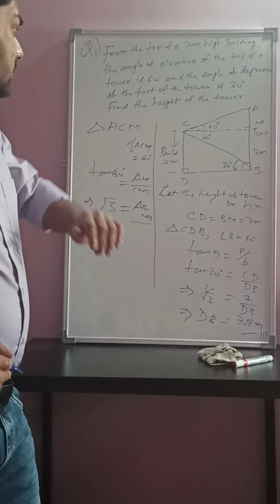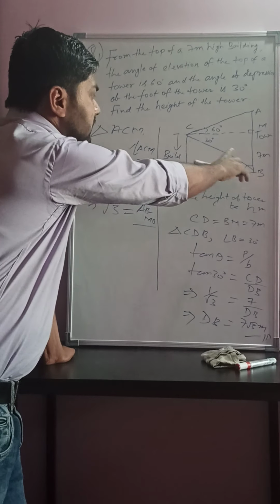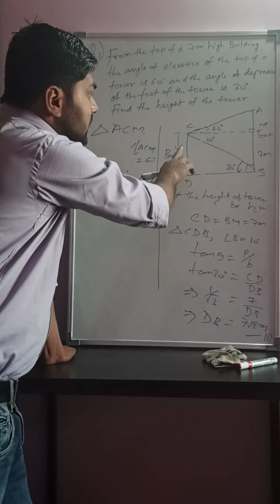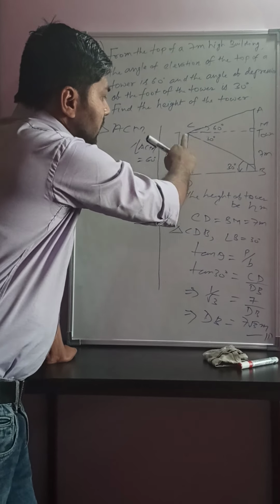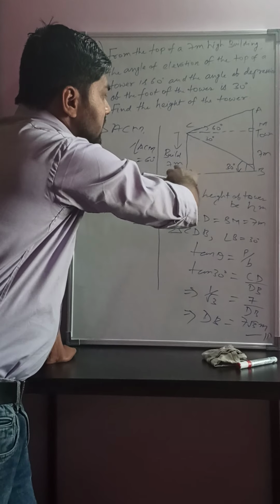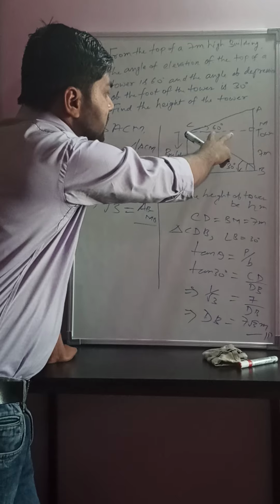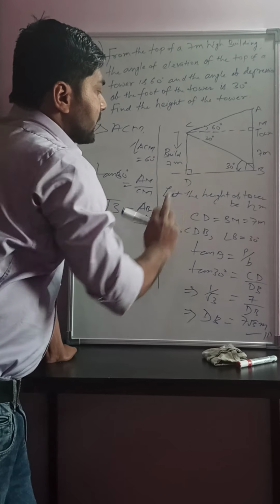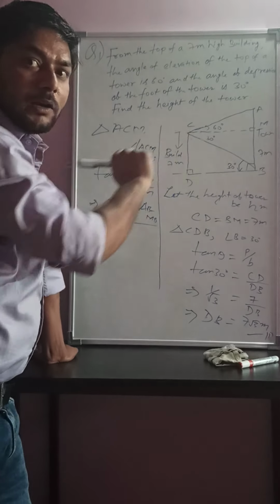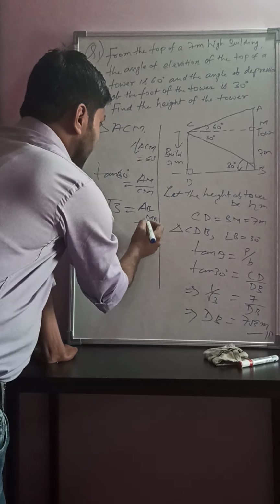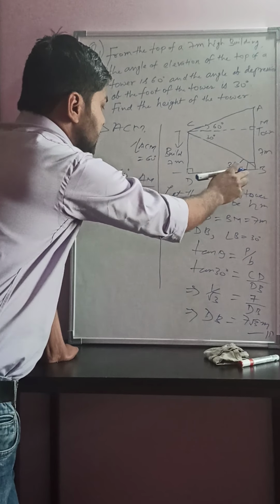And here you can notice that DB will be equal to CM, because the lines are perpendicular and between the same parallel lines, so it becomes a parallelogram. So instead of CM we can also write DB.